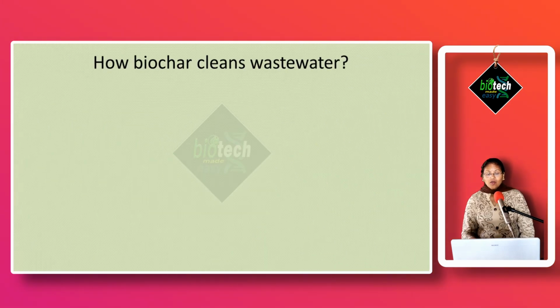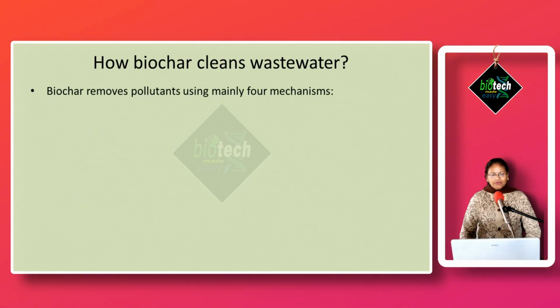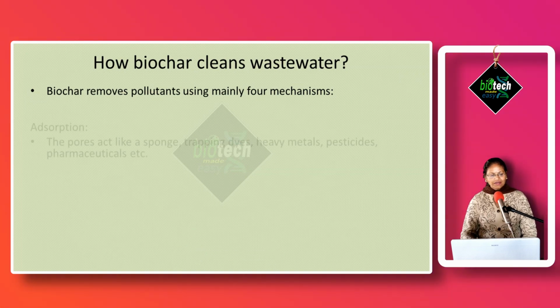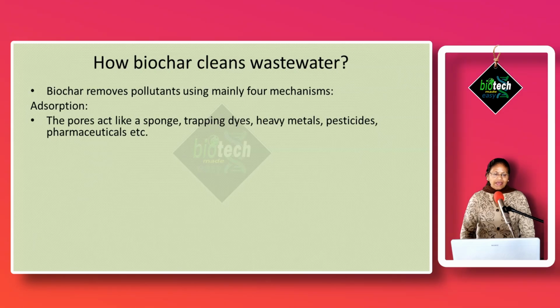Now let's see how biochar cleans wastewater. Biochar removes pollutants using mainly four mechanisms, and we'll see them one by one. The first one is adsorption. As we are saying again and again, there are many pores in the biochar.